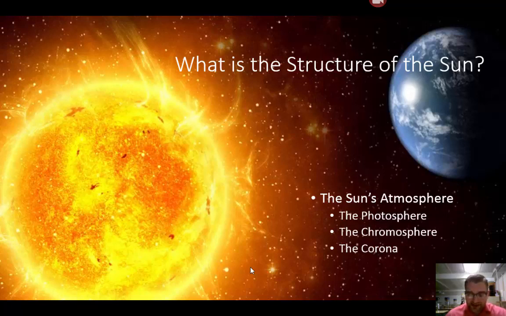The corona extends into space for millions of kilometers. It gradually thins into streams of electrically charged particles called the solar wind. And those solar winds may have been what affected Quebec and the power grid in 1989.